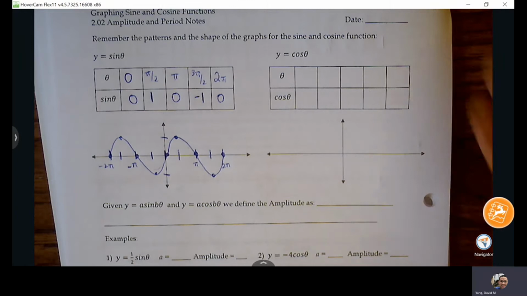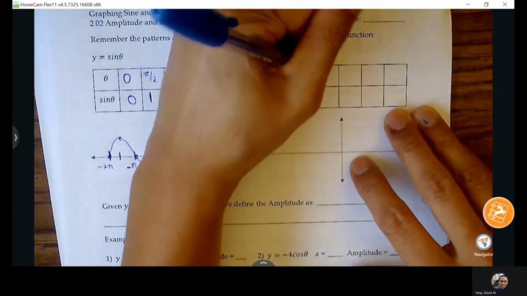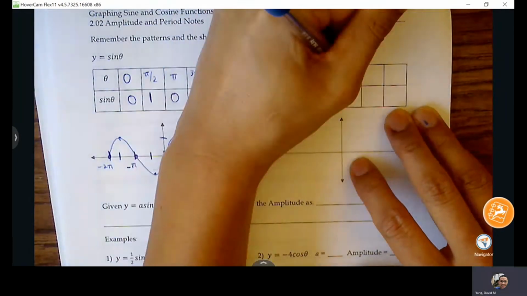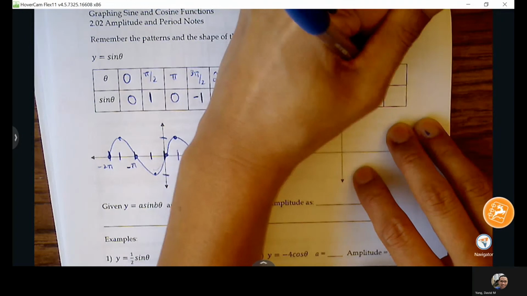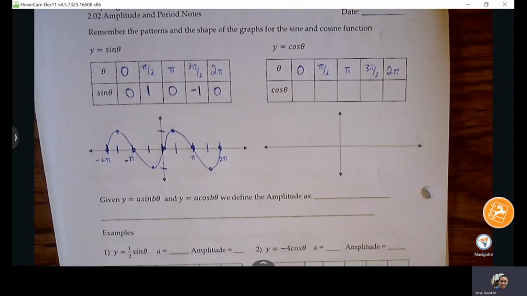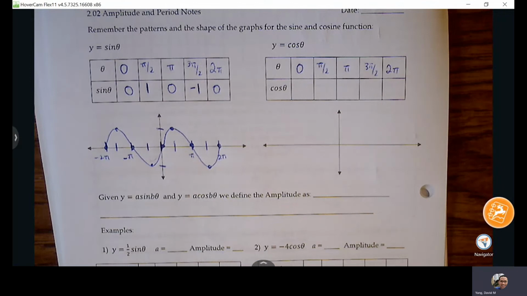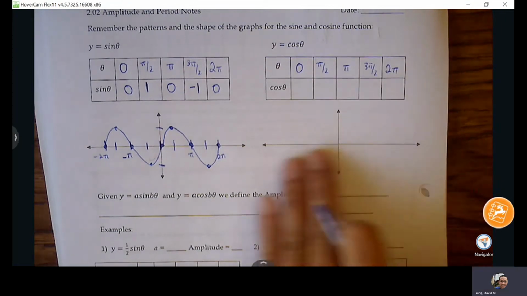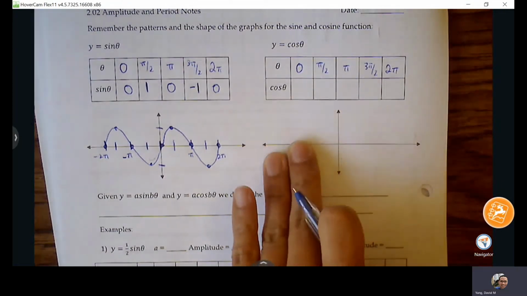Okay, see if you guys can do cosine. Once you graph your cosine on the positive side, see if you can extend it to the negative side.